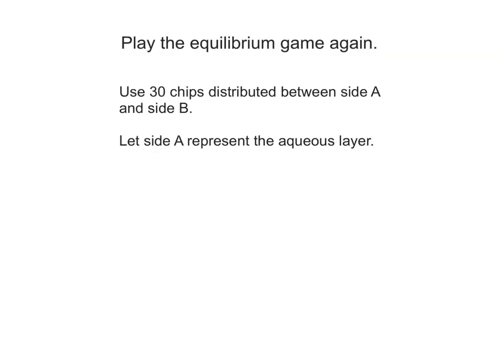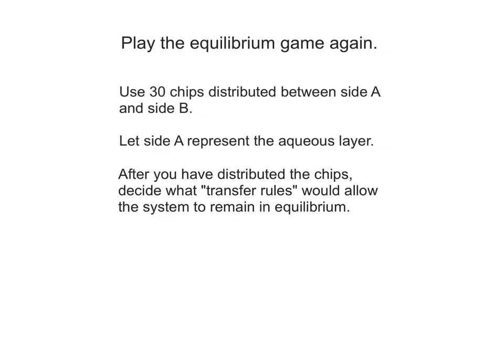Now use the equilibrium game board and 30 chips to model this partition equilibrium. To facilitate discussion, let side A represent the aqueous layer. After you have distributed the 30 chips over A and B space, decide what transfer rules would allow the system to remain in equilibrium.